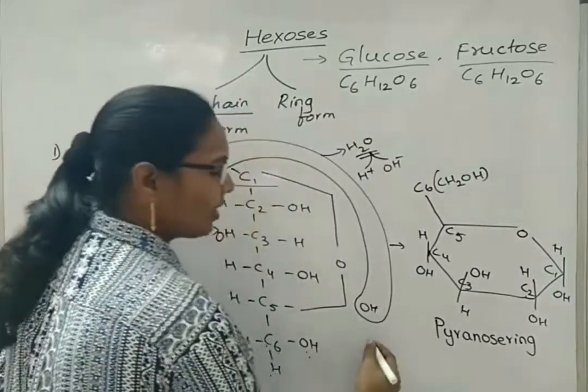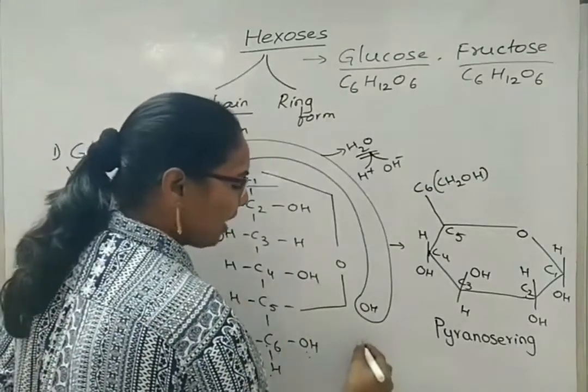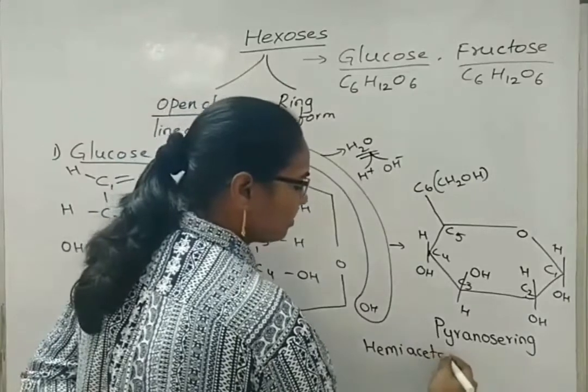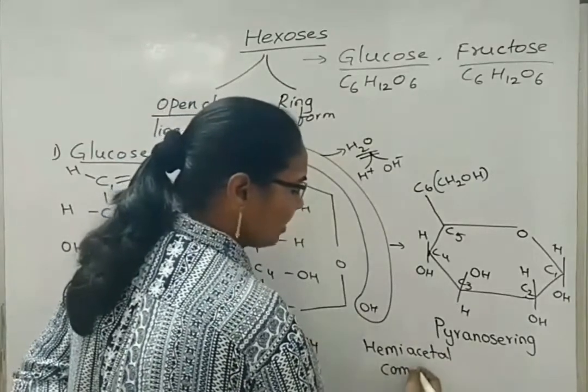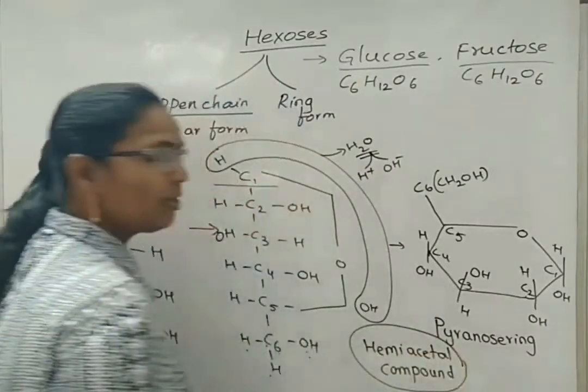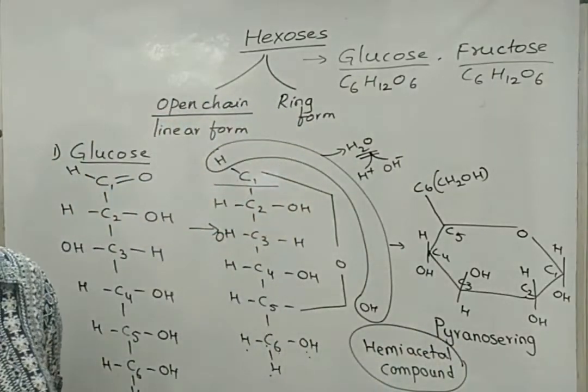So for the glucose molecule we call it a hemiacetal compound, since the carbon 1 position of glucose has an aldehyde group.